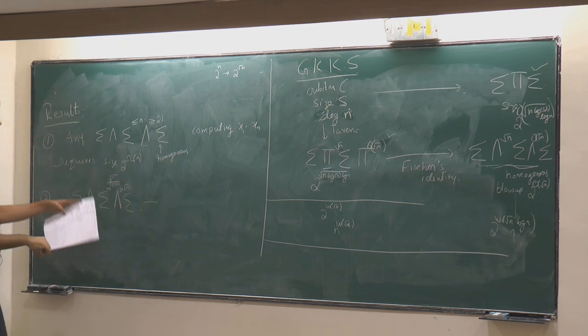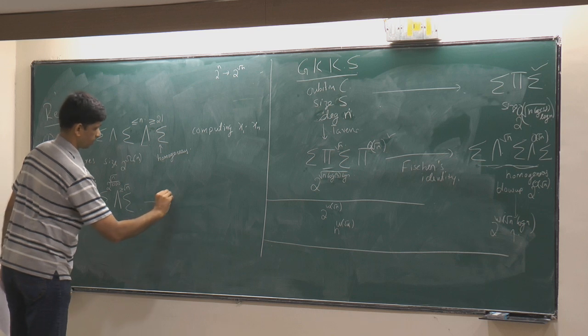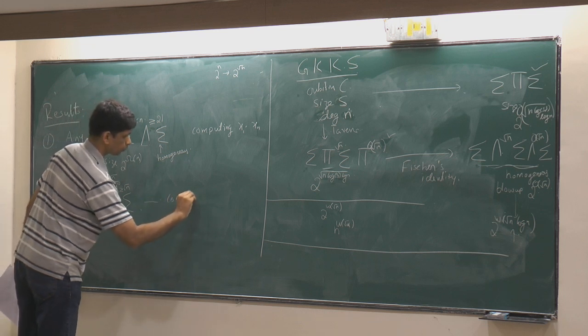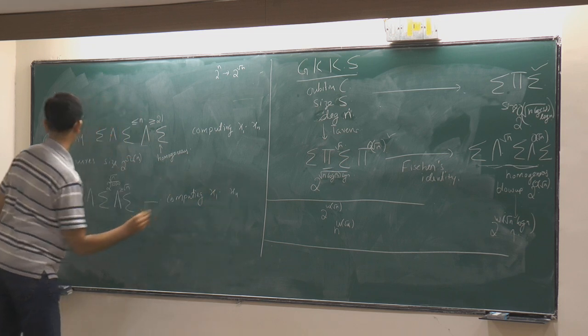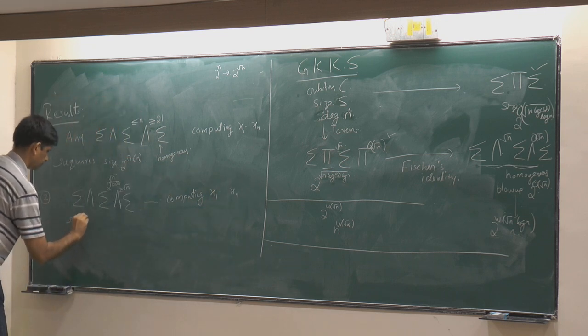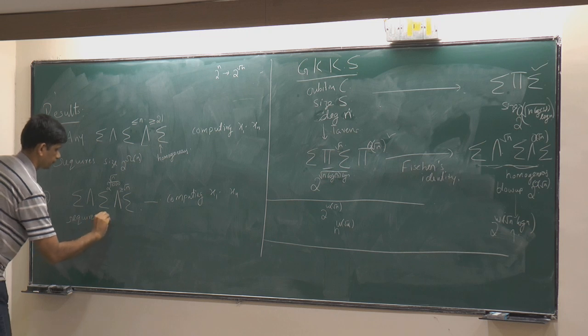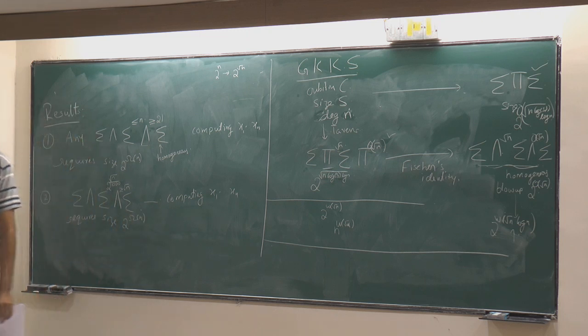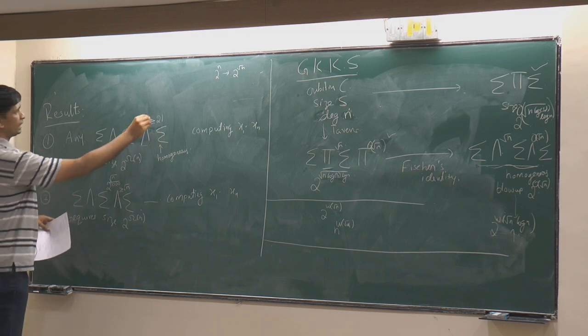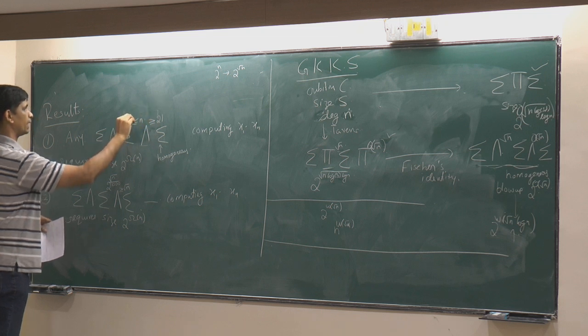We'll get a similar lower bound for the same monomial. So it looks like if you increase the degree, you can allow larger fan-in.